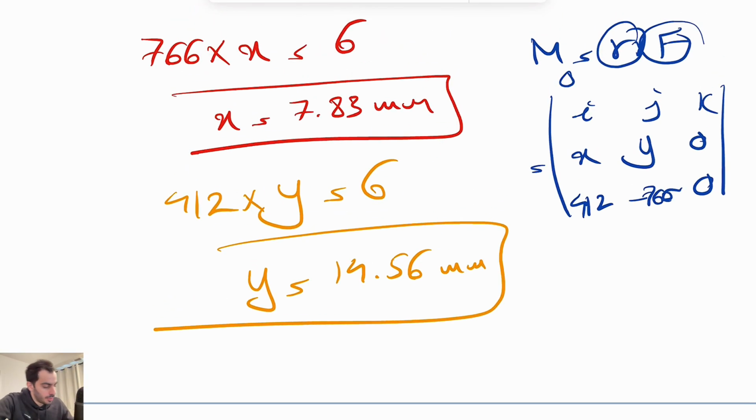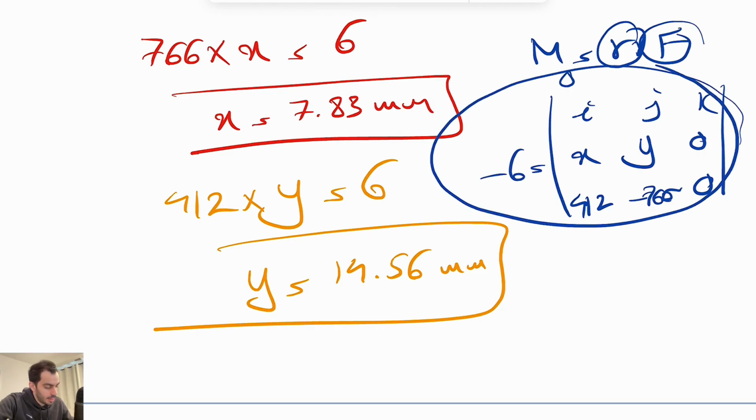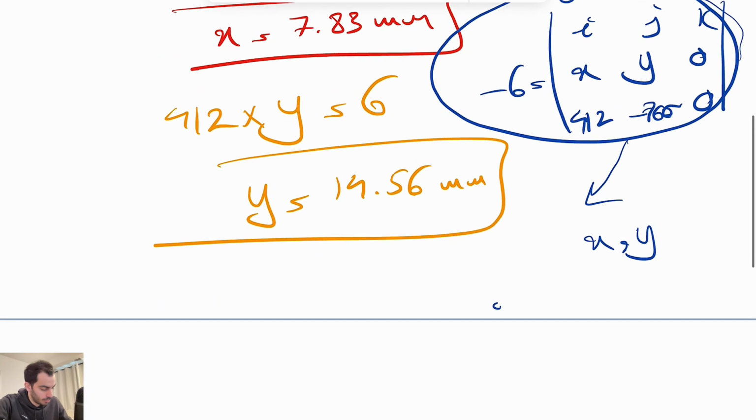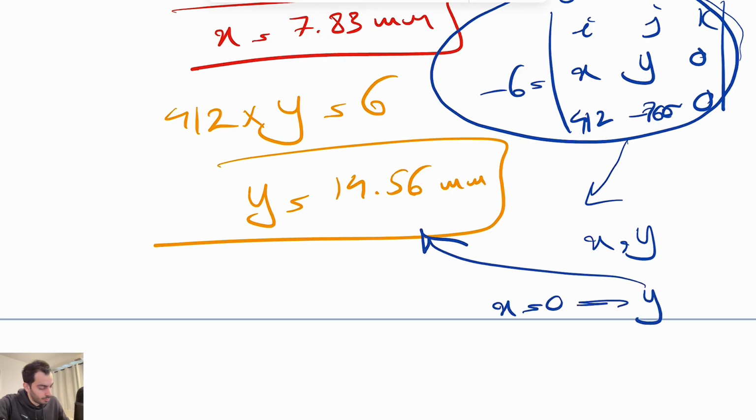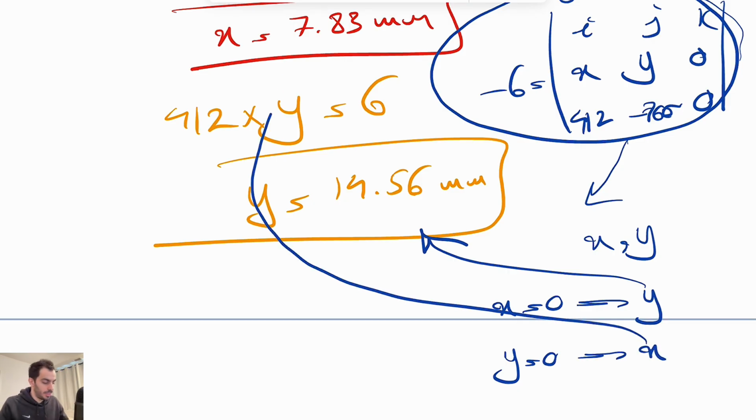If you find this determinant, you get an equation based on x and y. For finding the intercept, just put x equals 0, and you're going to get y, which is what we found here, or you can put y equals 0 for finding the x-intercept, and this is going to give you this x. Feel free to pick whatever works best for you.